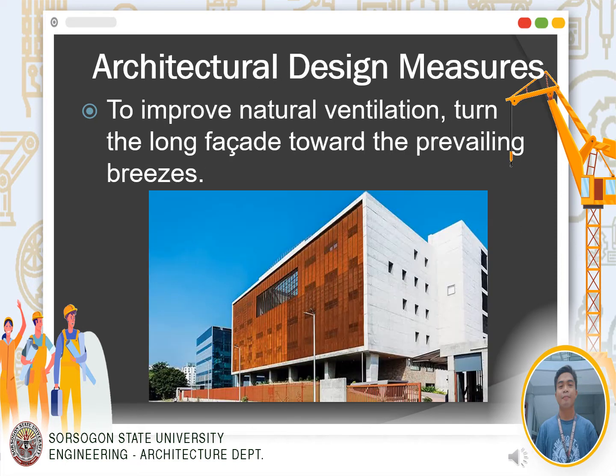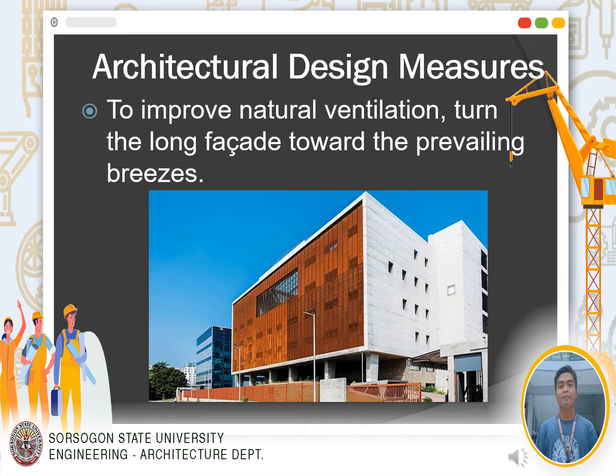Next is to improve natural ventilation. Turn the long facade toward the prevailing breeze. Use shading strategies to reduce cooling loads caused by solar gain on south facades. South-facing glass is relatively easy to shade with an overhang during the summer to minimize solar heat gain.